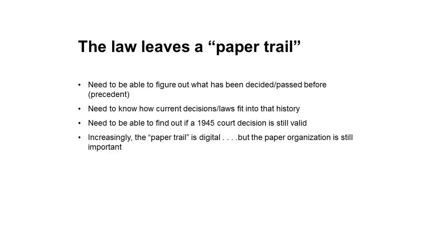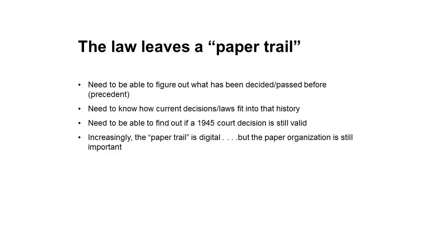We need to have a way of finding out what has been passed before. We also need to know how our current decisions and laws fit into that history of laws. So if Congress passes something today about health care or gun control, we need to be able to know, okay, how does what they decided today fit into what's already out there?